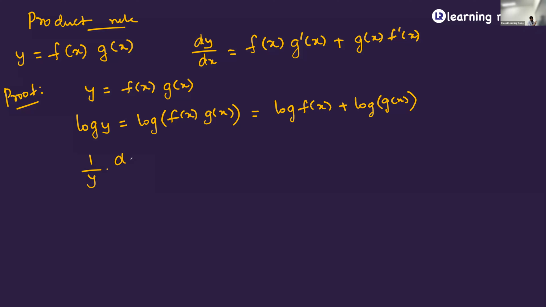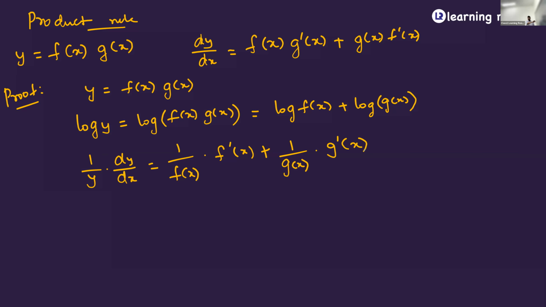So 1 by y into dy by dx is equal to, what is log f of x? It is 1 divided by f of x into the derivative of f of x, which is f dash of x. Plus 1 by g of x into the derivative of g of x, that is g dash of x.